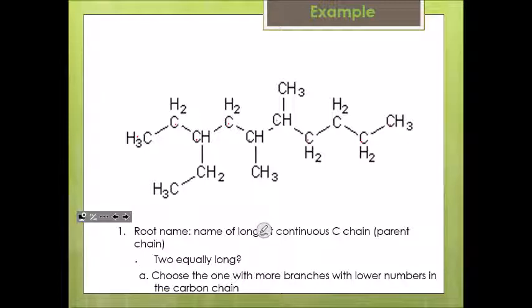I can start down here: 1, 2, 3, 4, 5, 6, 7, 8, 9, 10. If I try to go up this way, that's not going to get me to the longest chain, so that doesn't work. So you just count and figure out which one is the longest amount of carbons in sequence. Well, I've come up with 10 here.